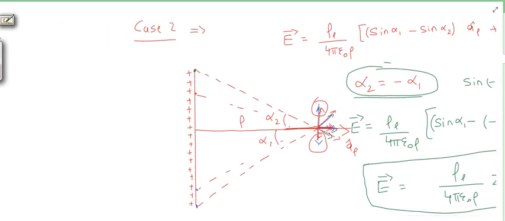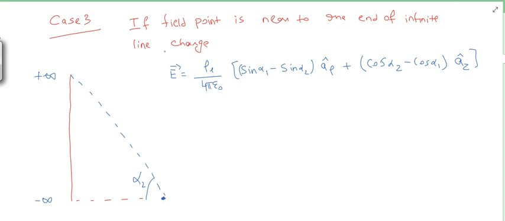Let us see that. Now let us see this case: the field point is near to one end of an infinite line charge. This is my infinite line charge, and the field point on which I am calculating the field is near to this end. So what will the value of alpha 1 become?